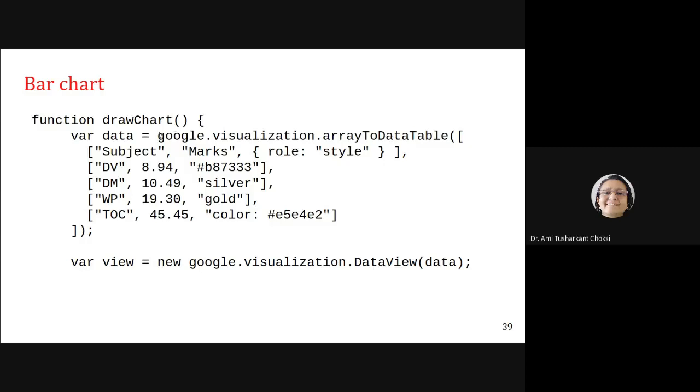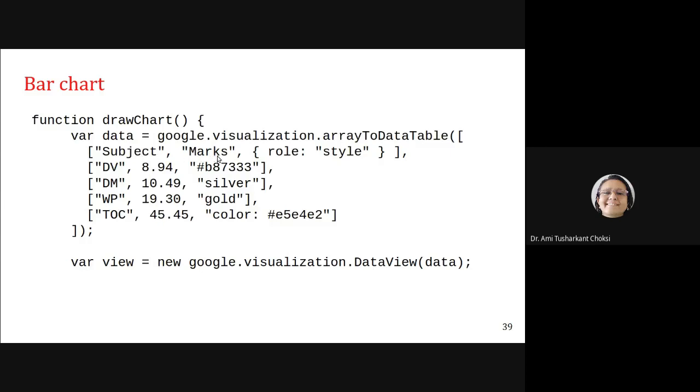For that we can say variable data is equal to google.visualization.arrayToDataTable. Now here we need to provide the data. ArrayToDataTable, with that we'll be providing the data. So how do we provide the data? For that we can say, first is the column that is for subject.